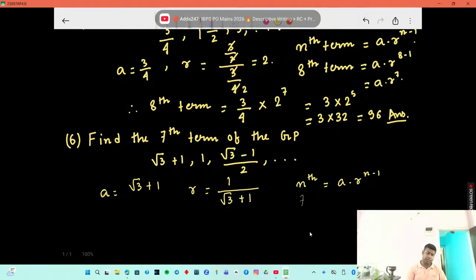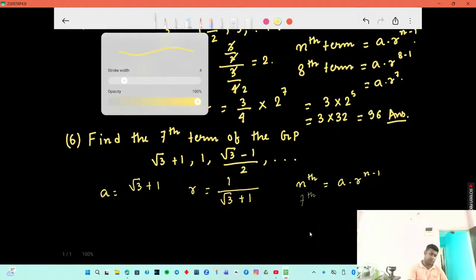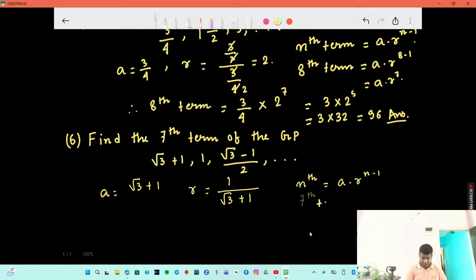The formula of seventh term will be a into r to the power 7 minus 1, which is a into r to the power 6. Now we will just put the values of a and r in this equation and find the value of the seventh term.